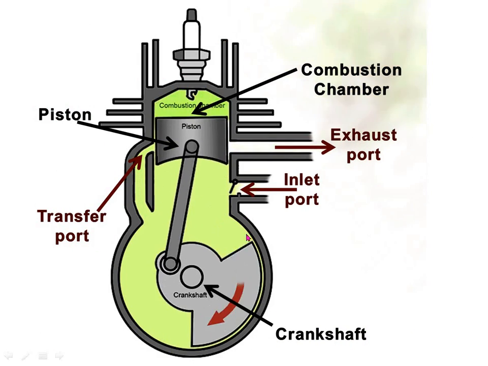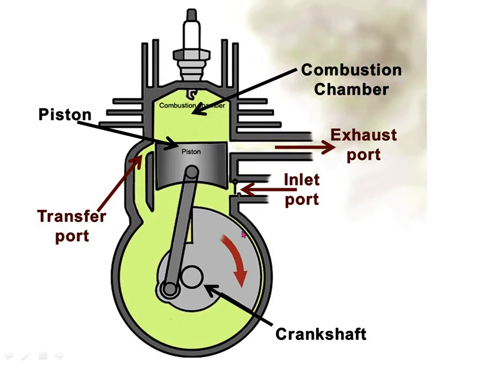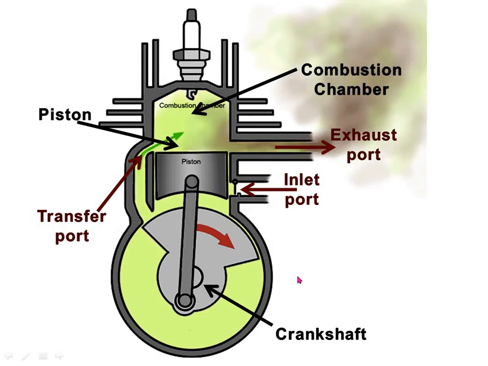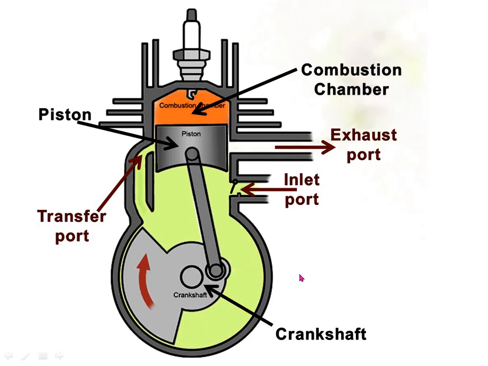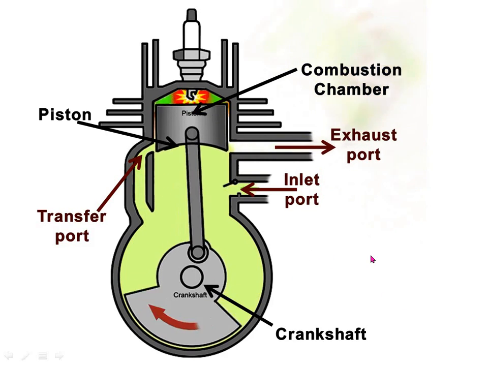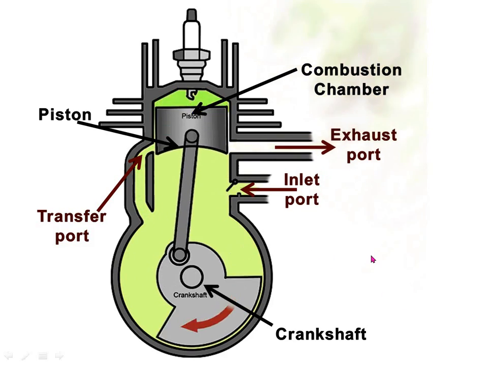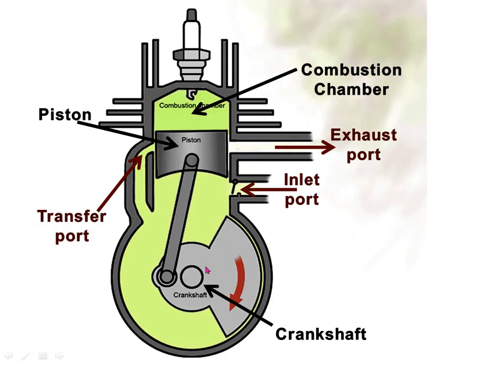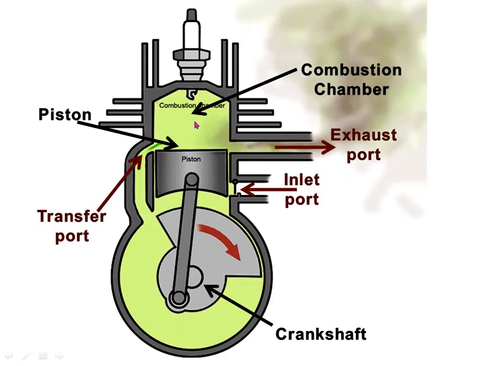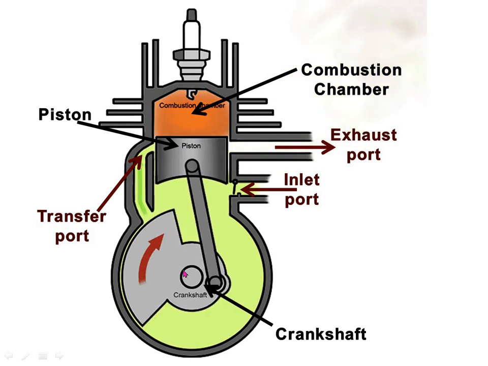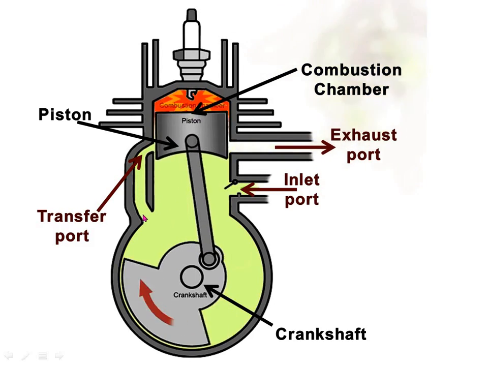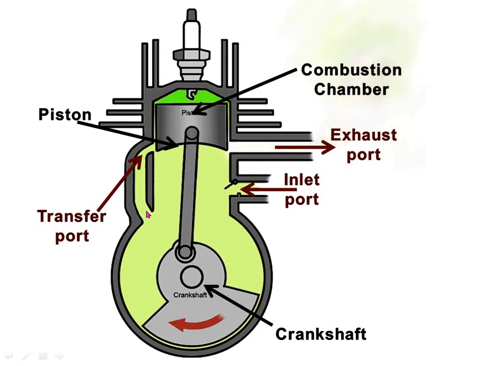See this figure, this animation represents how our two stroke engine, or petrol engine, or spark ignition engine works. If you see, during the upward stroke the charge is compressed, and this port remains open.